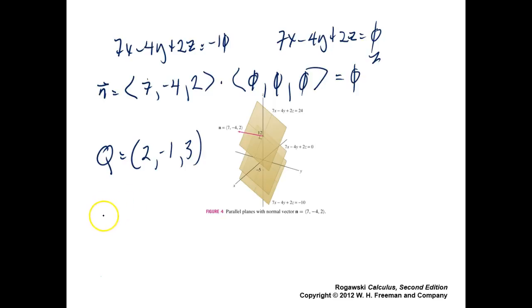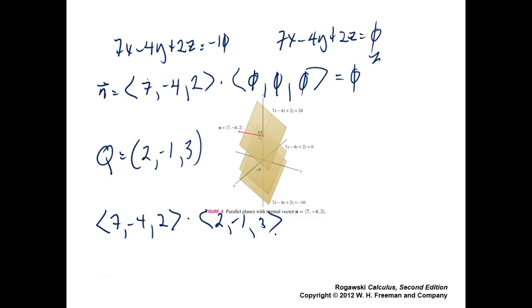Same normal, so you dot (7, -4, 2) with the vector from the origin to this point, which would be (2, -1, 3).